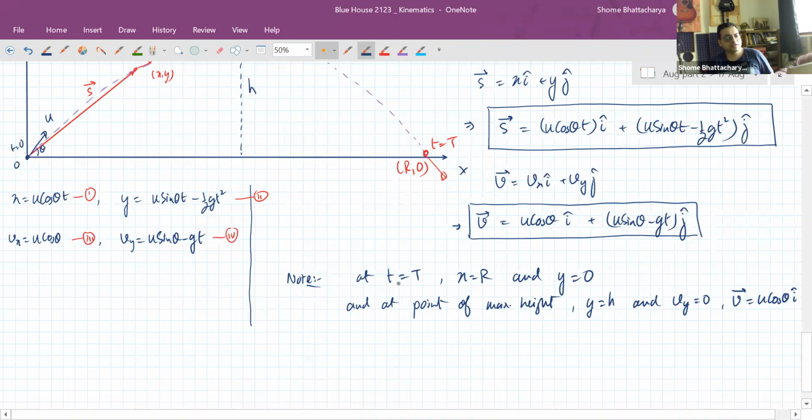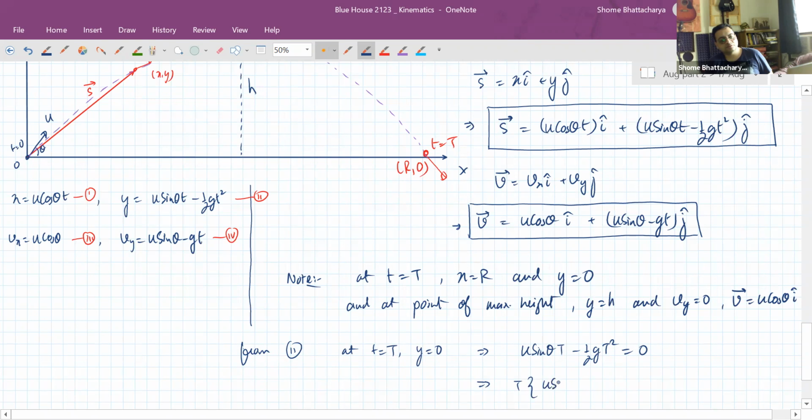So now we will see the range and the time of flight. From equation 2, at t equal to capital T, what should happen? The y coordinate should become 0. So u sine theta capital T minus half g T squared should be equal to 0.